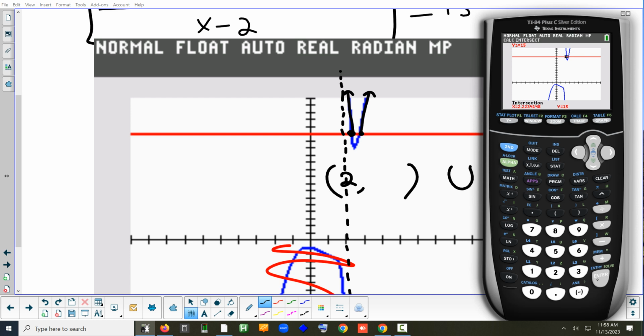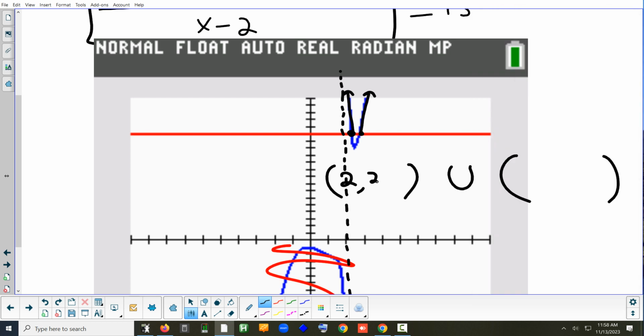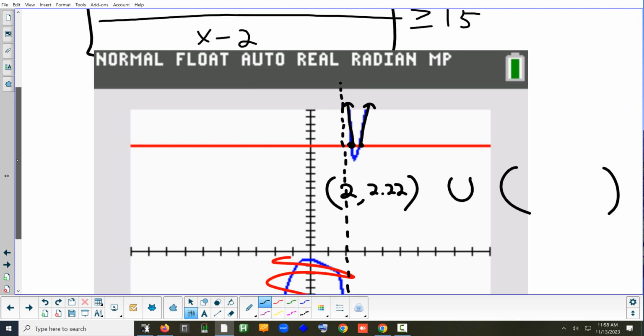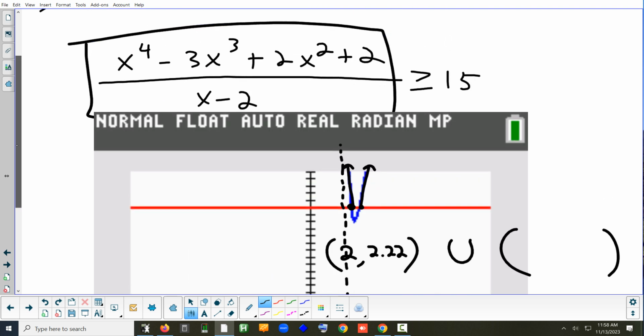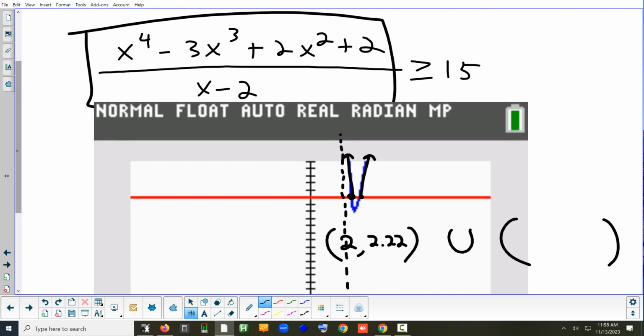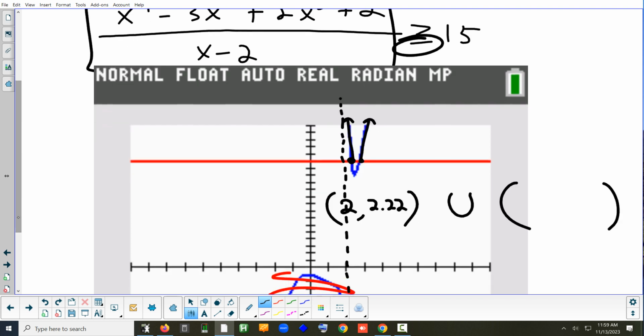And I get 2.22. It's a little hard to get it, but it comes out to 2.22. Now I should check this before I go. Can they equal each other in this one? Yes, they can. So what symbol should I have used after the 2.22? That one should be a bracket. I don't use a bracket on the 2 though. The 2 is an asymptote. Can never include that number.